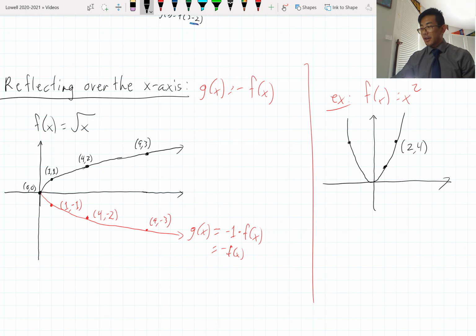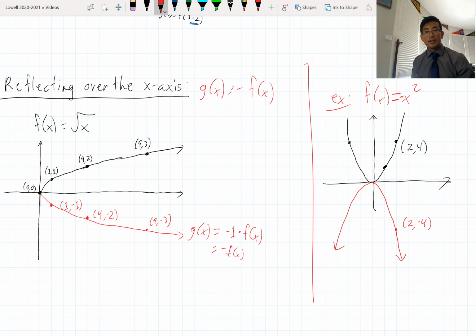Then the new graph, I just need to take a negative sign in front of that point. Oh, sorry, we're going to graph negative x squared. Be careful with parentheses here. It's not negative x, squared, which would be different. It's x squared, and you stick a negative sign in front. And so now that 2, 4 becomes 2, negative 4. And so you're just going to draw that parabola upside down, like so.